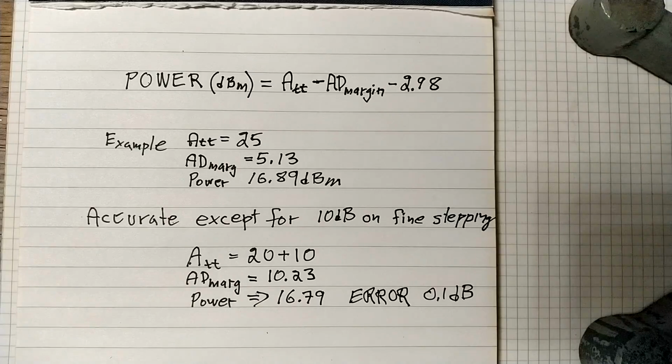This is the formula I have found. It is accurate for all settings except when the 10 dB position of the fine stepping knob is used. Then there is an error of 0.1 dB.